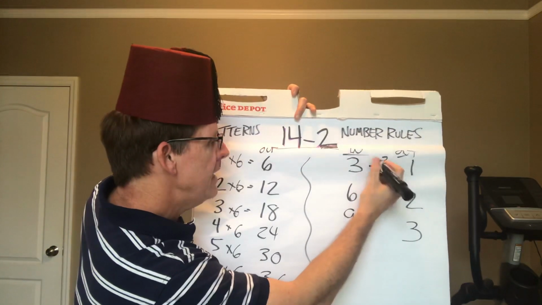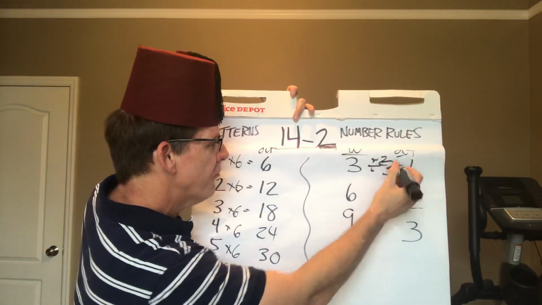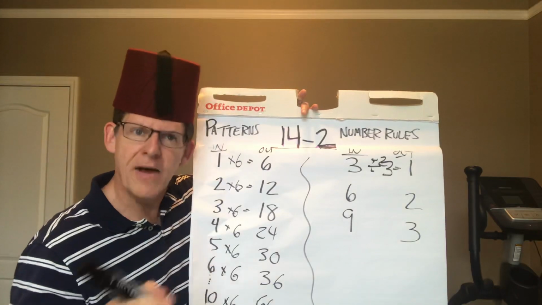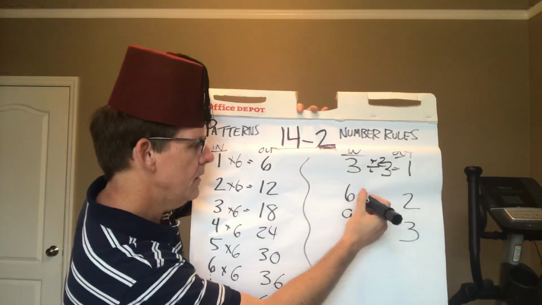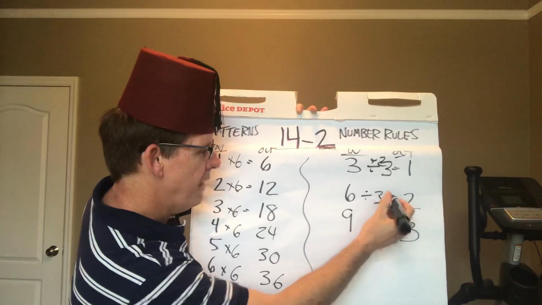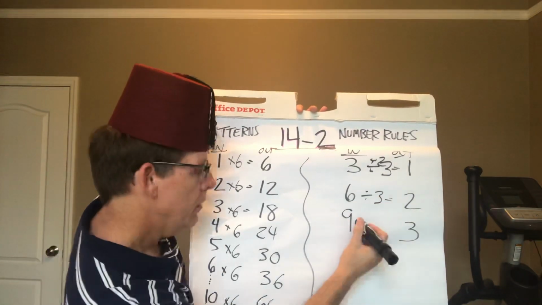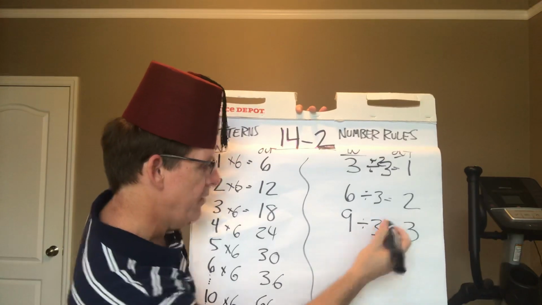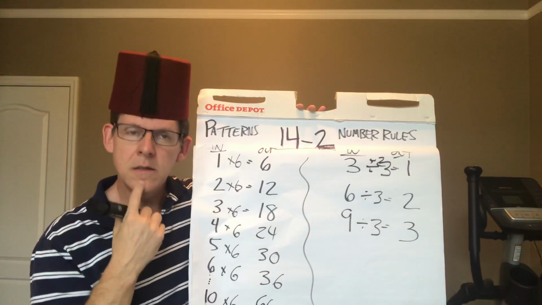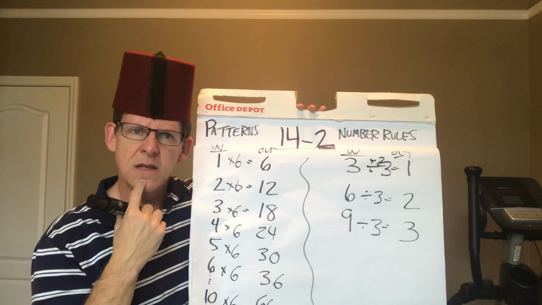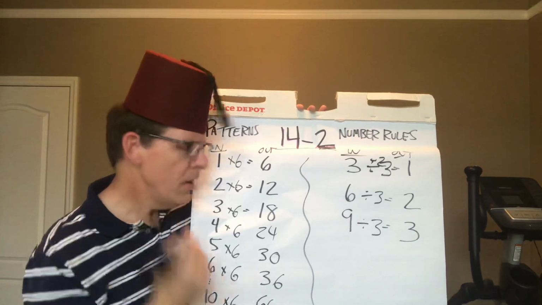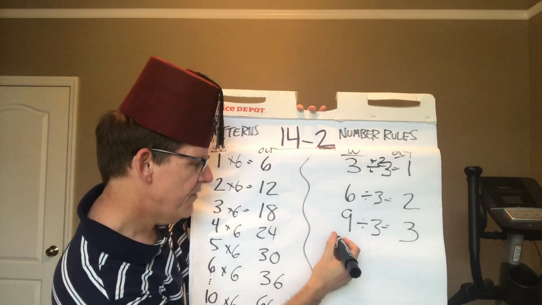How about 3 divided by 3? Well, 3 divided by 3 is 1. 6 divided by 3, hey, that's 2. What about 9 divided by 3? As a matter of fact, it is 3.